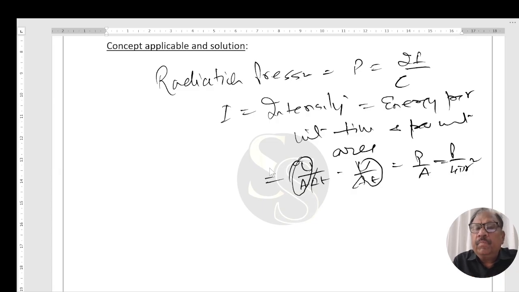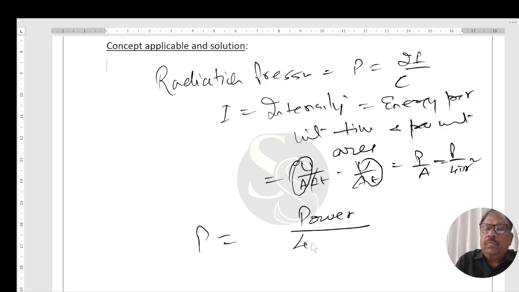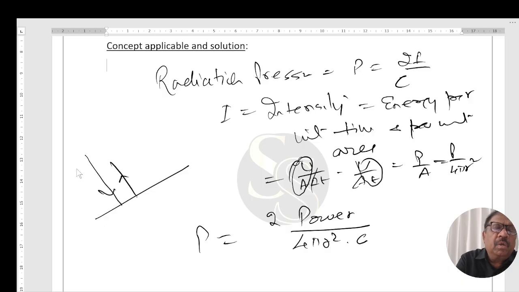So intensity comes out to be P upon 4 pi R square, and pressure will be equal to power upon 4 pi R square into C into 2, because it is incident on a perfectly reflecting surface. So the change in momentum will be 2p, therefore 2I over C.